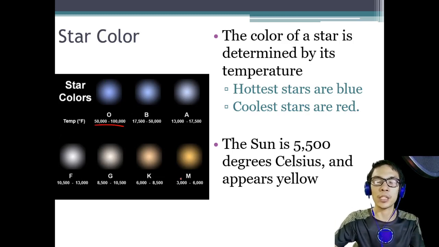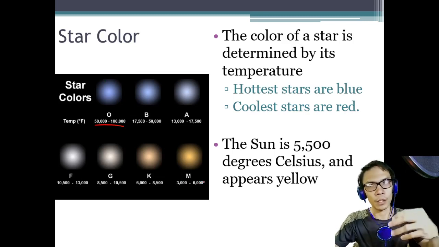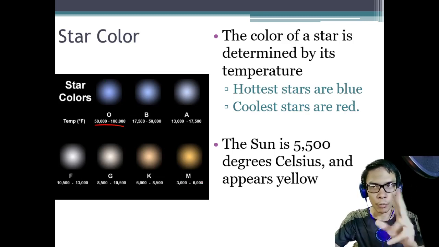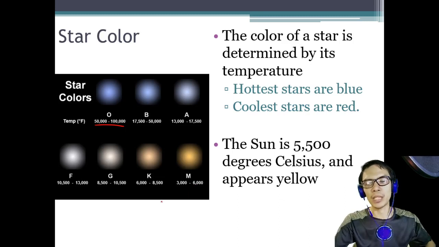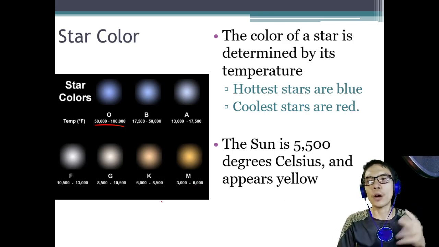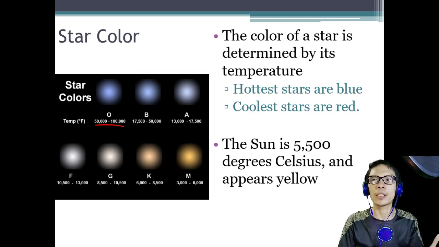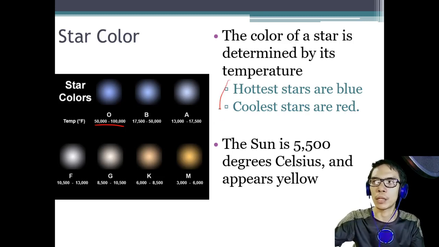The coolest color of the star is red, and somewhere in between that range is yellow. It has a temperature of 3,000 to 6,000 degrees Fahrenheit. So basically, the temperature depends on the color of the stars. Please take note of that.